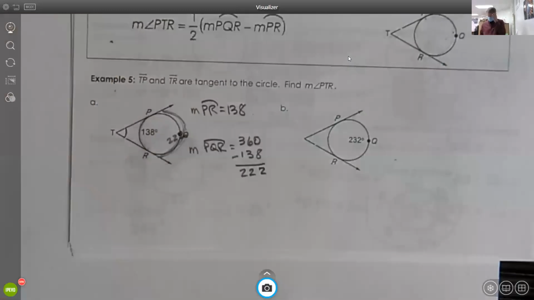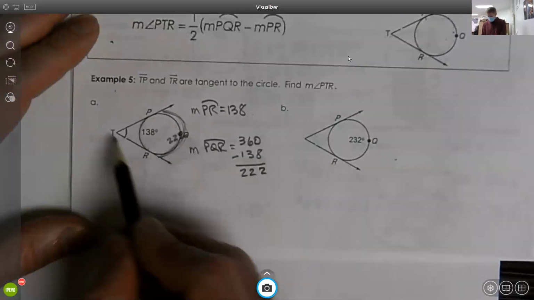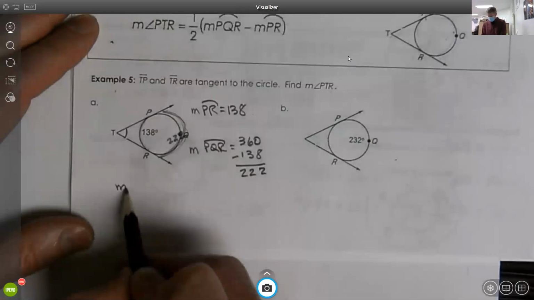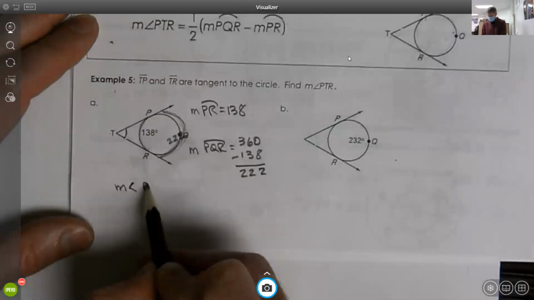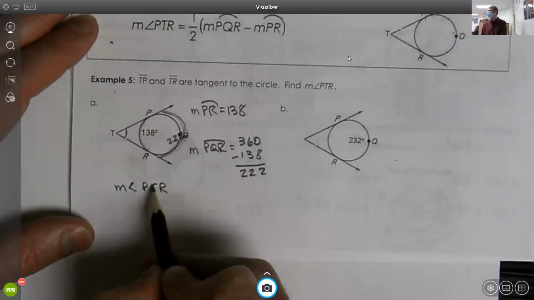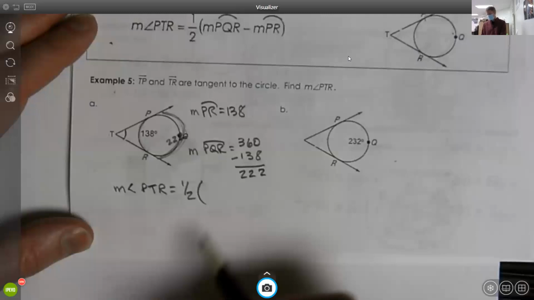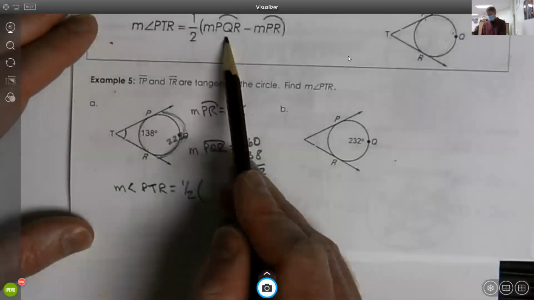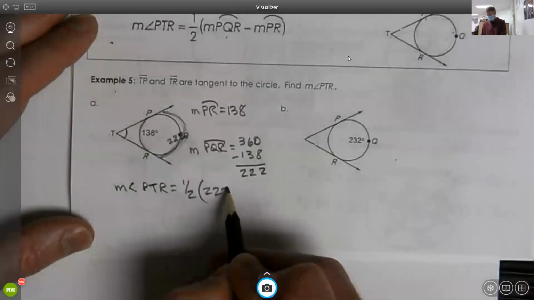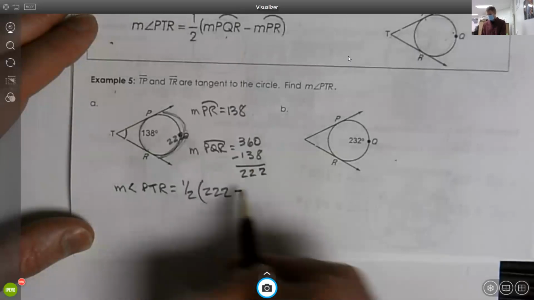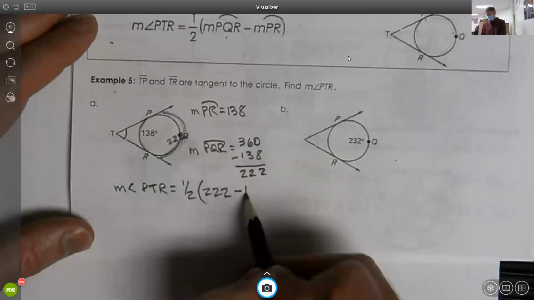That seems reasonable. So now we use our formula that the measurement of angle PTR, you could get away with just calling that angle T, equals half the big arc, which is 222, minus the small arc, which is 138.